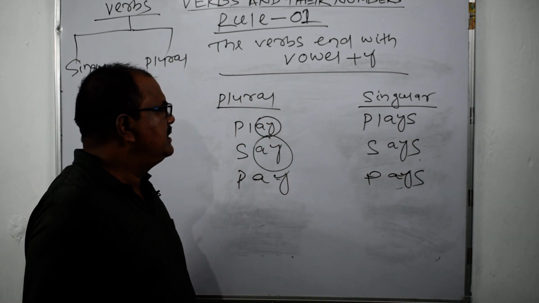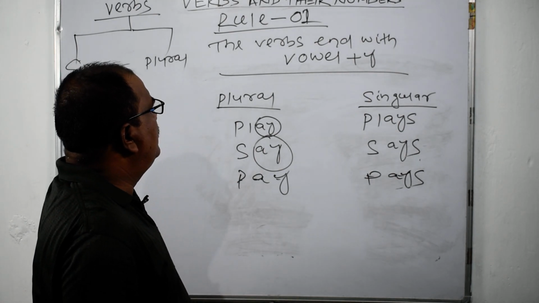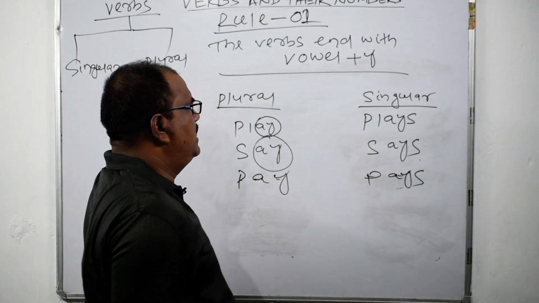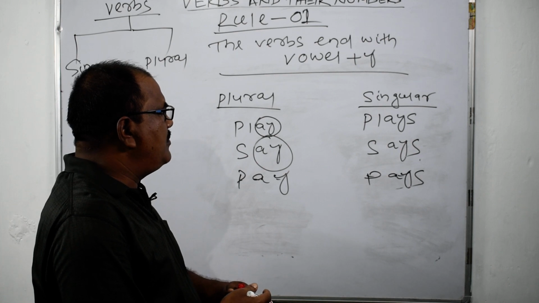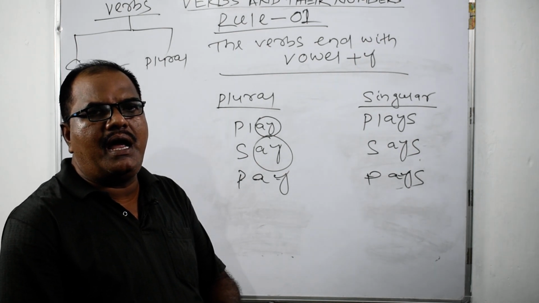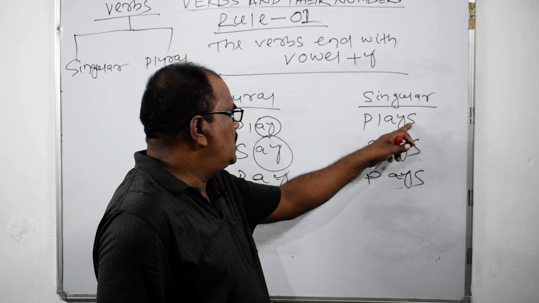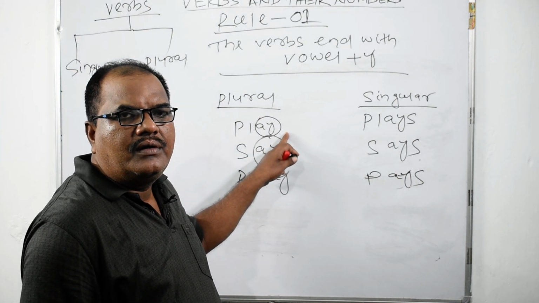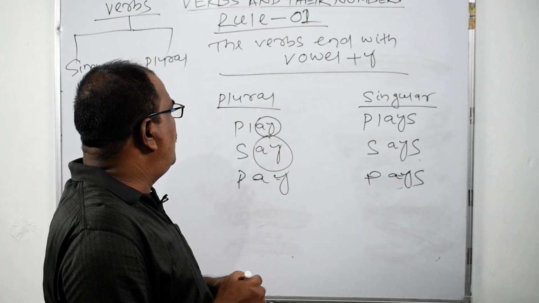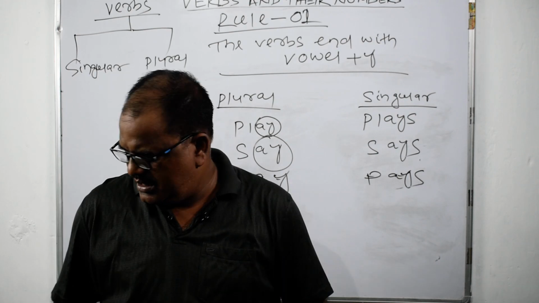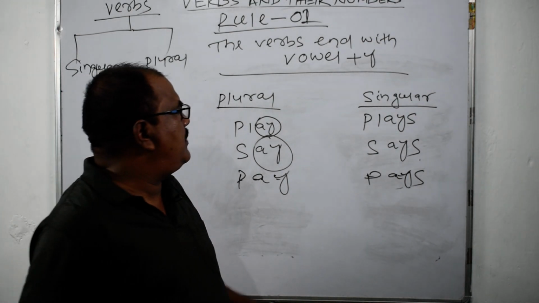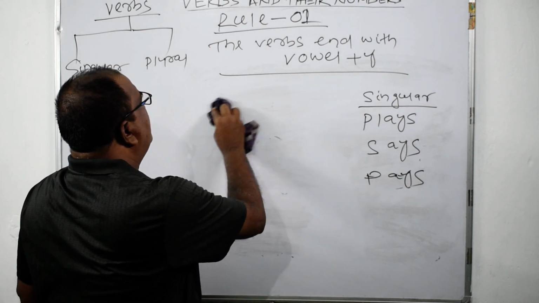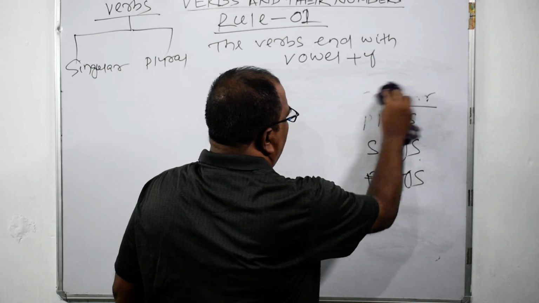So, my dear students, in rule number 2, if the verbs end with a vowel plus y, their singular forms are made only by adding s to the basic form of the plural verbs. You can take other examples of this type of verbs and try to change them from plural to singular.